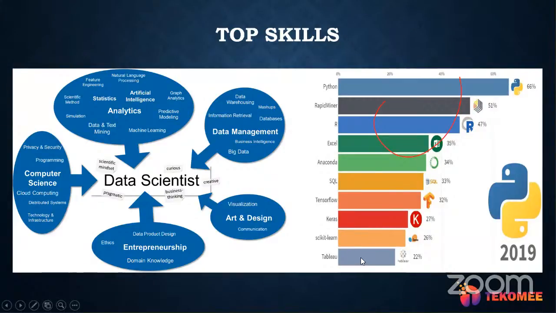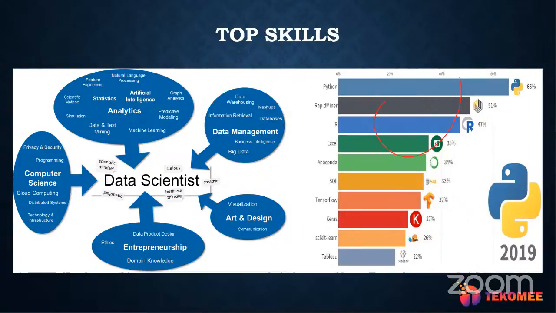You have Tableau for visualization, and you also have Scikit-learn. So all of those are basically the software which are used in this industry. We basically work with Python, and when we go into a big data platform, that time we use Spark or Hadoop.